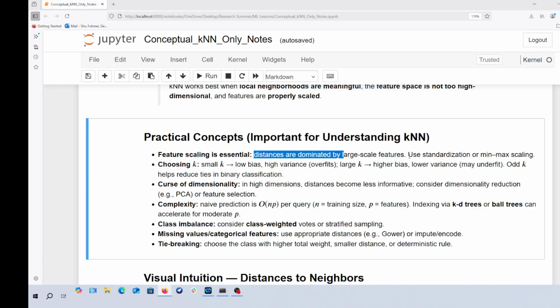And we have already seen different normalization techniques: standardization, which is the z-score, as well as min-max scaling.